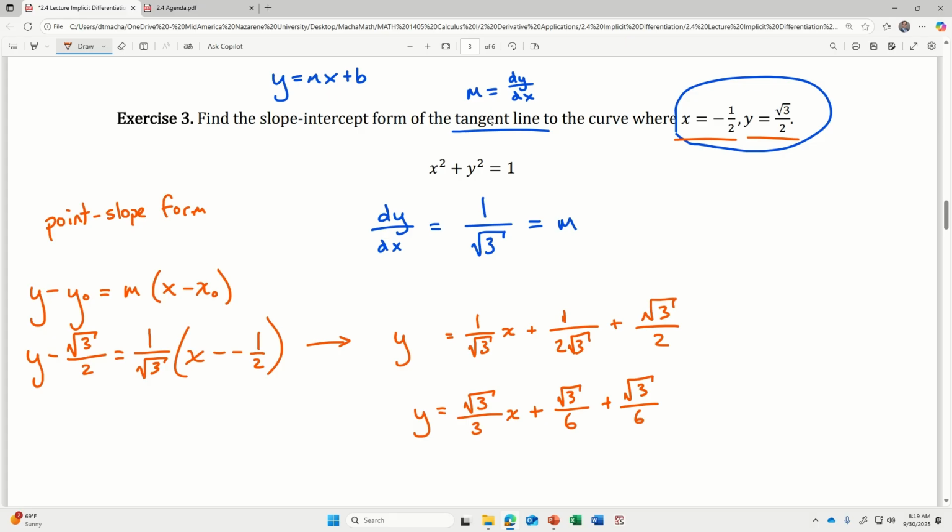Square root 3 over 2 would be the same thing as 3 square root 3 over 6. Multiply top and bottom by 3. And square root 3 plus 3 square root 3 would be 4 square root 3. And 4 square root 3 over 6 is the same thing as 2 square root 3 over 3. So that is going to be my final answer of the slope-intercept form of the tangent line to the curve at that point.